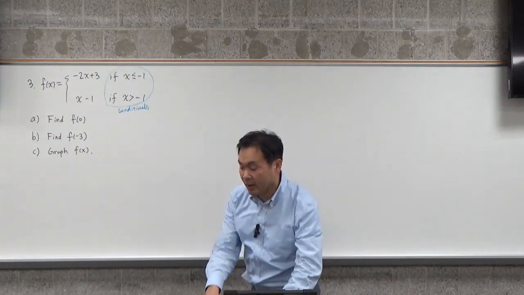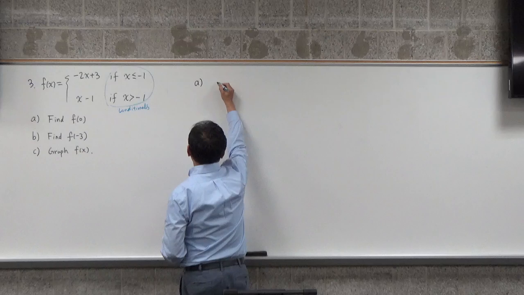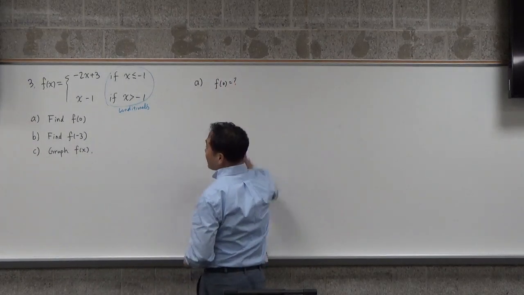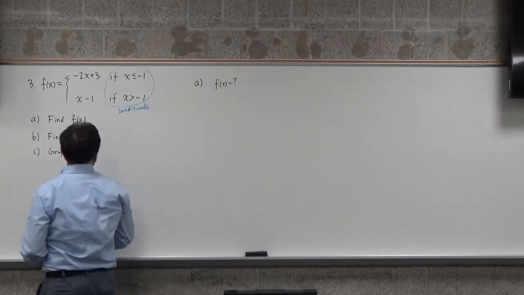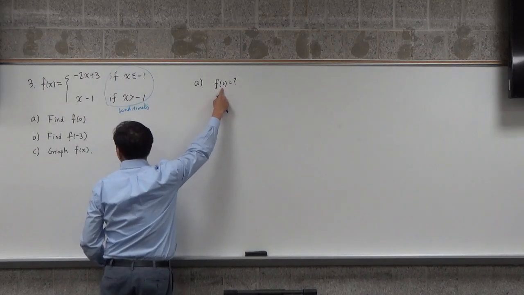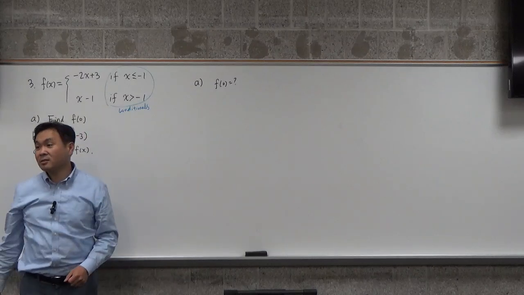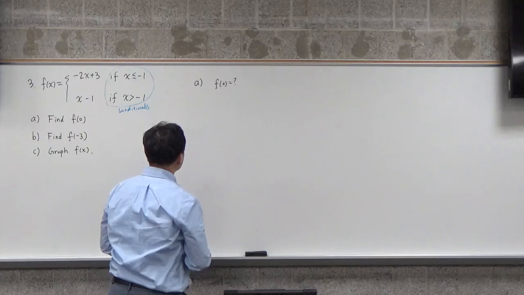So let's think about A. A says, what is f of 0, right? Now, when that is being asked, f of 0 means 0 is taking the place of x. Does that make sense? So maybe I should stress this.